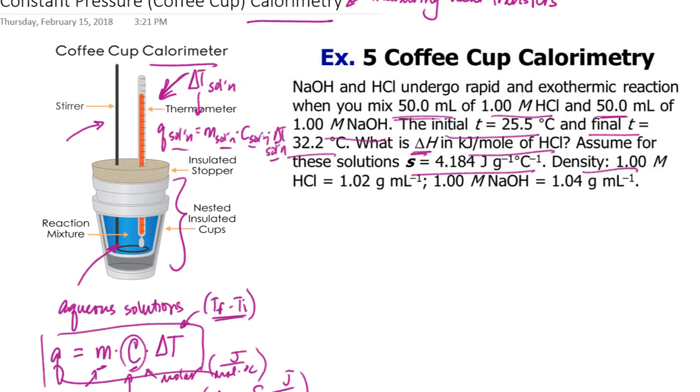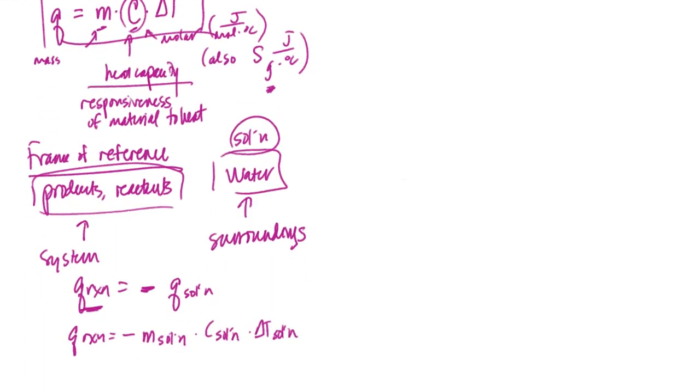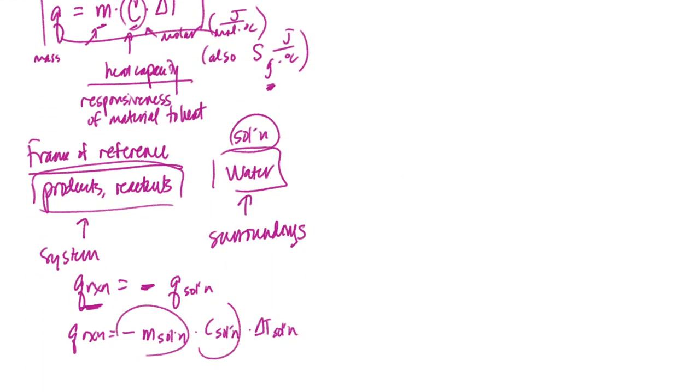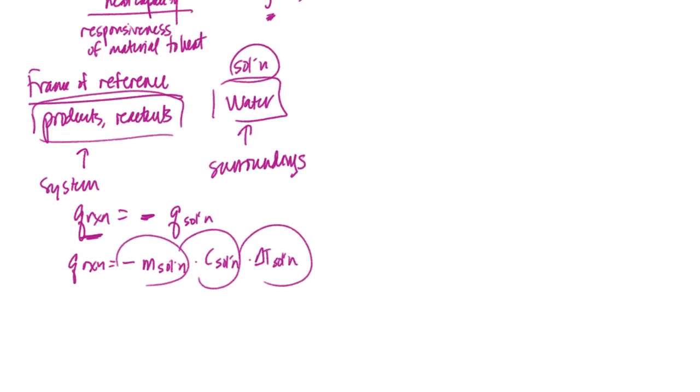I'm also given separate densities for the acid and the base. And so what I'm going to need to do is find each of these particular quantities. Now again, as it turns out in the problem, they gave me the specific heat capacity of this solution, which I'm assuming is going to be 4.184 joules per gram per degree Celsius.